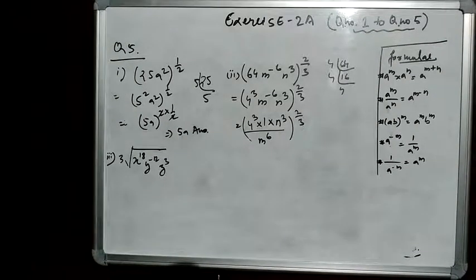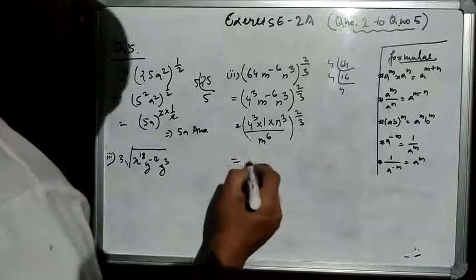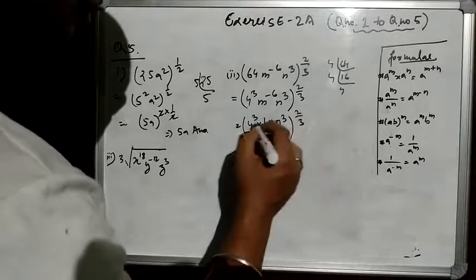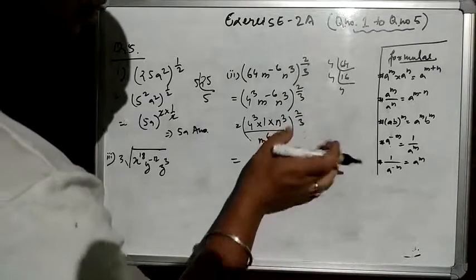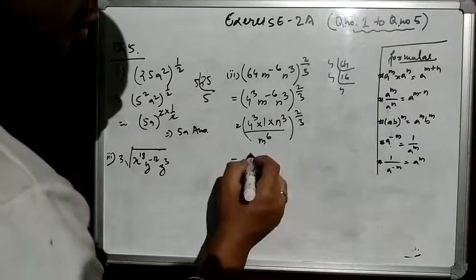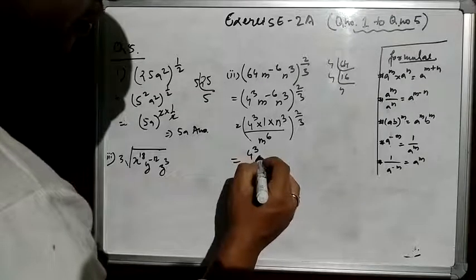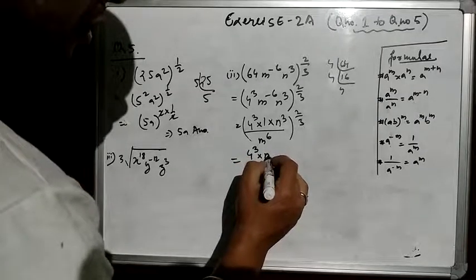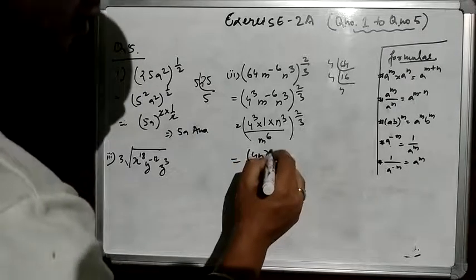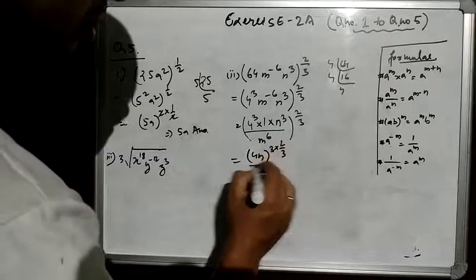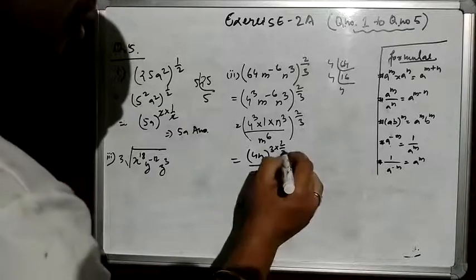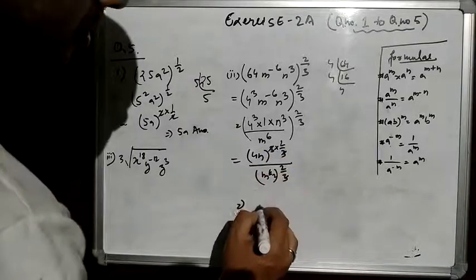There is a small change in question number 2: 4 cube and n cube by m 6 are inside a bracket to the power 2 by 3, so that means 2 by 3 will be multiplied with both the fractions, numerator and denominator. So here will come 4 cube into n cube into 2 by 3 by m 6 into 2 by 3, then 3 will cut, 3 2s are 6 will come here.